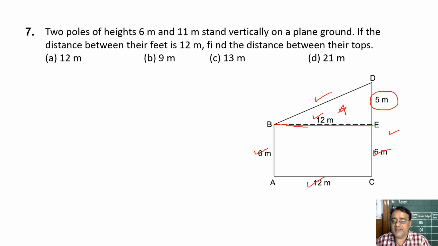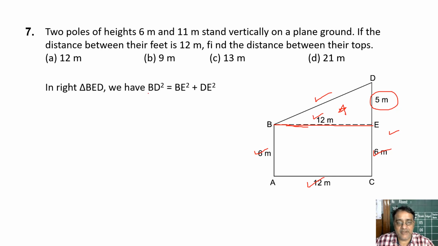So in this triangle we need to find BD. So we are going to apply Pythagoras theorem. BD square is equals to BE square plus DE square. And this is 12 and this is 5. So 12 square plus 5 square, 144 plus 25, that is equals to 169, right? And square root of 169 is 13 meter.